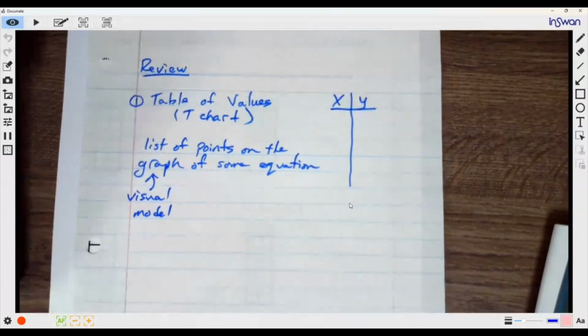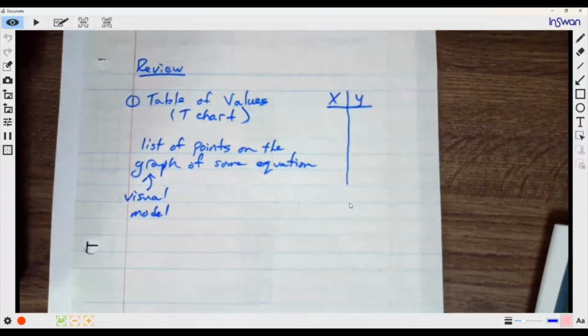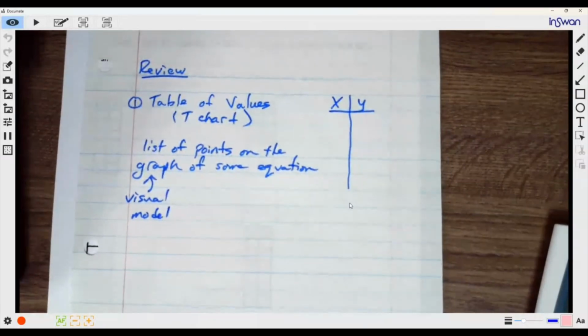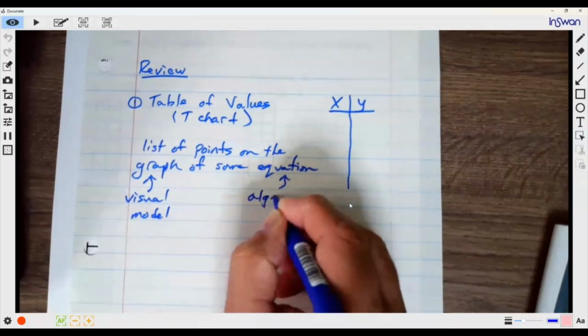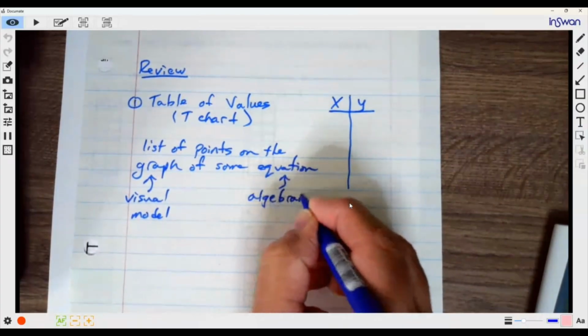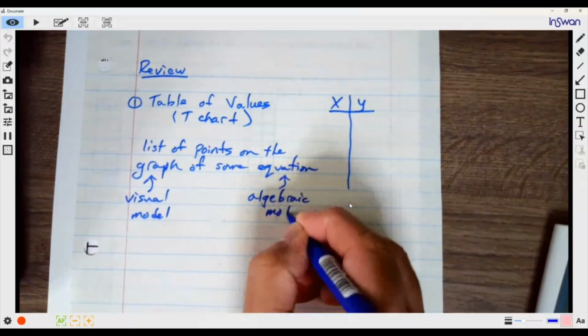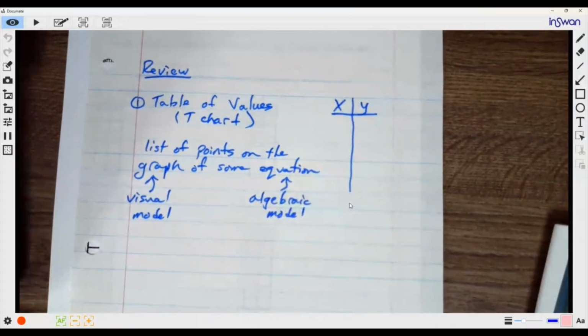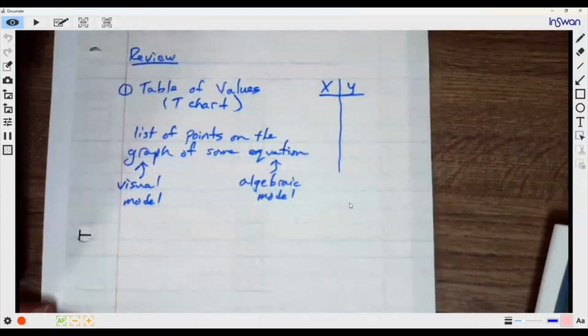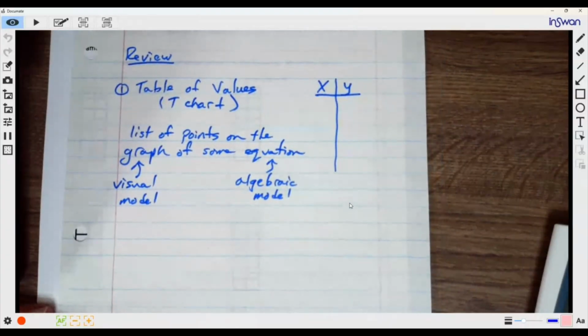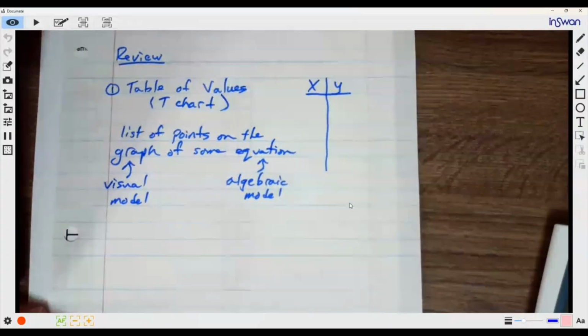We can see a picture of a graph and it gives us information. An equation is an algebraic model. It provides us with information that the graph cannot provide. So both are necessary.